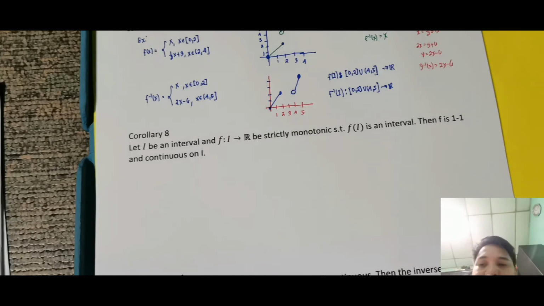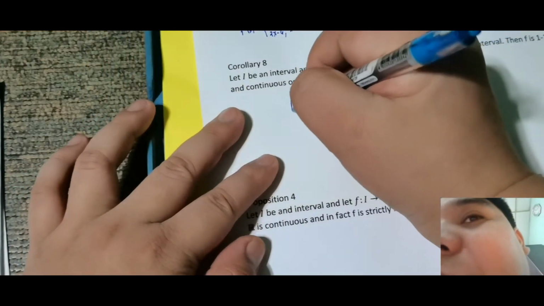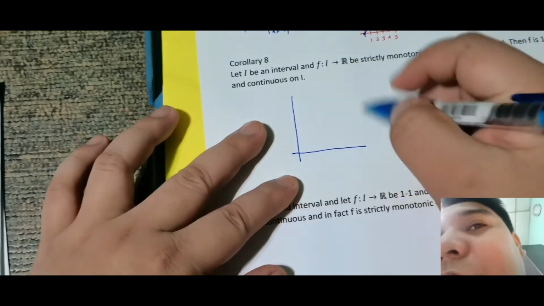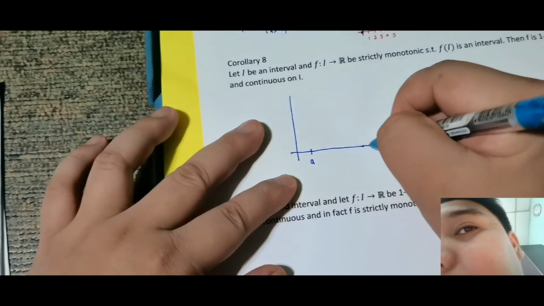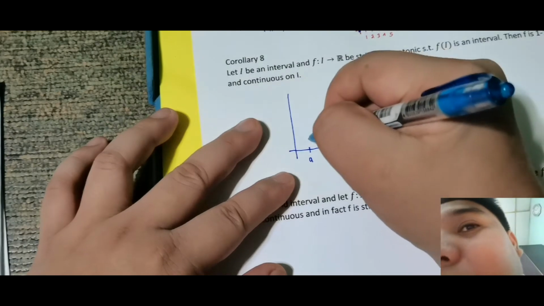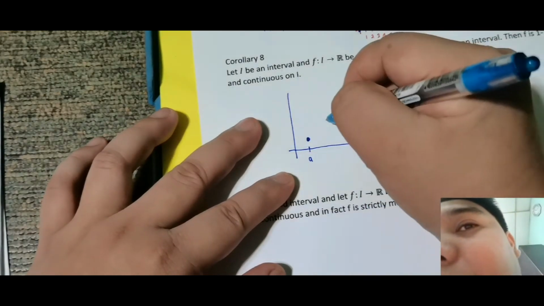So I think i-graph ko na lang to. Paano ko bang papakita na graph to? Dapat strictly monotonic. So I think i-relate ko na lang sa nangyari dito. Gagawa ko dito ng malaking graph niya. Let's say ito yung A, let's say ito yung B. So una nangyari is, kunyari somewhere dito is shaded siya, pagdating somewhere dito is open.